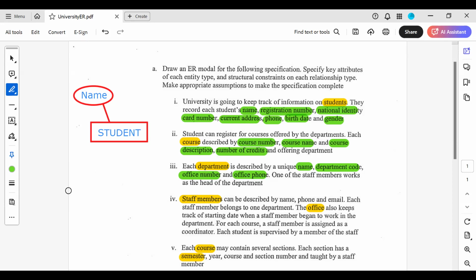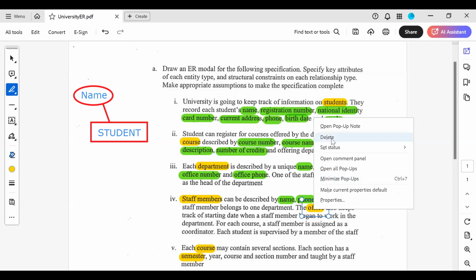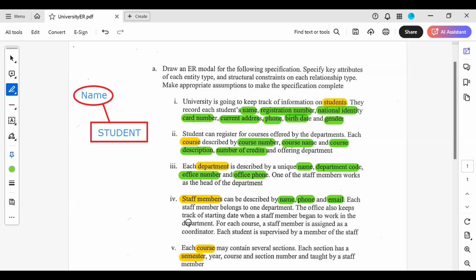And then we have staff members described with name, phone, and email. But office, we don't have any direct attribute. So this is not an entity type. Then we have said course, department, staff members.